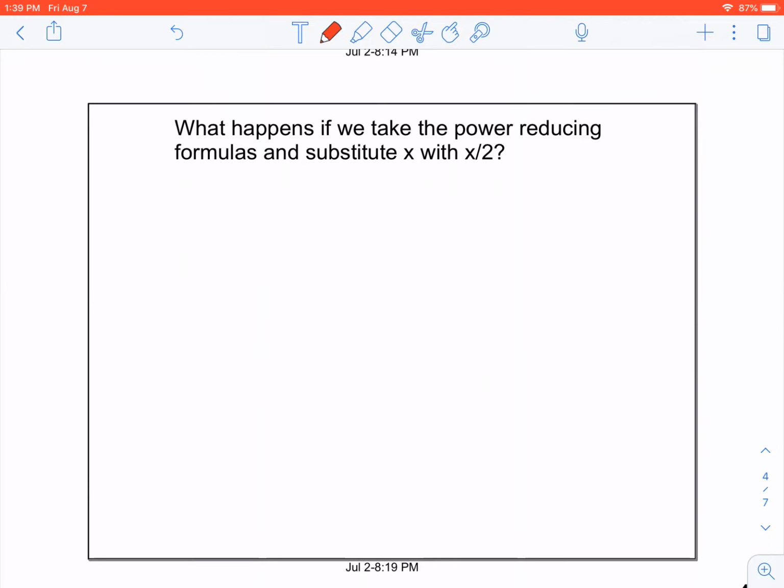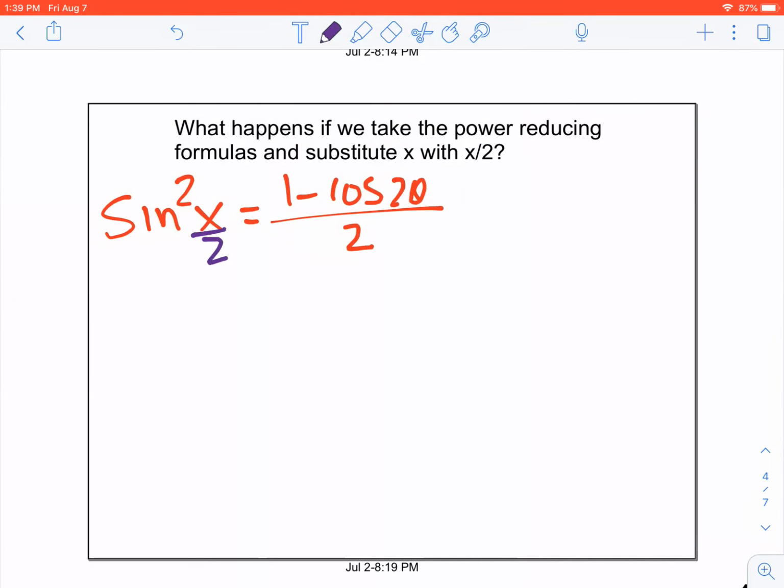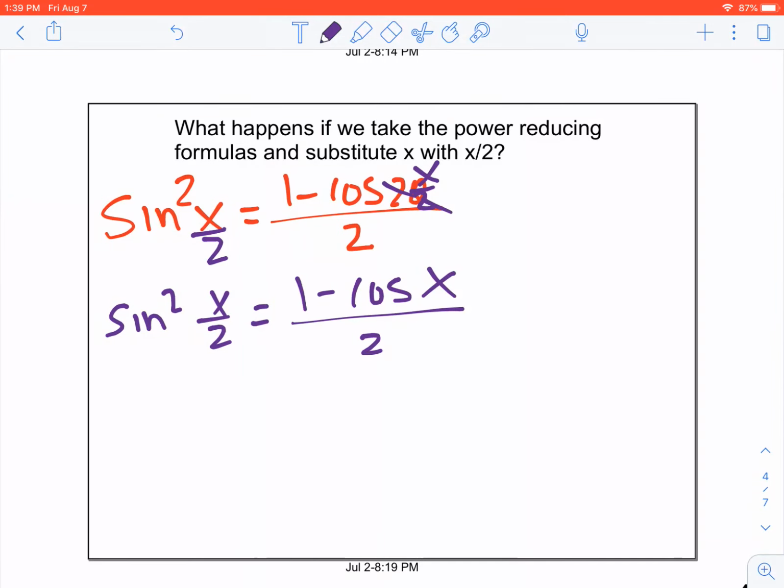If I do the power reducing of sine squared of x, since we're dealing with x's, let's stay with x's: sine squared of x is equal to 1 minus the cosine of the double angle over 2. And what I'm going to do is replace that argument with x over 2. We get that the sine squared of a half angle is equal to 1 minus the cosine, the 2's cancel, of x all over 2.